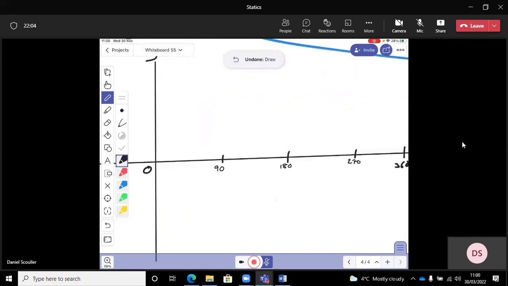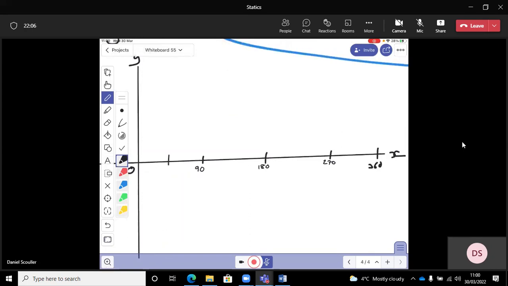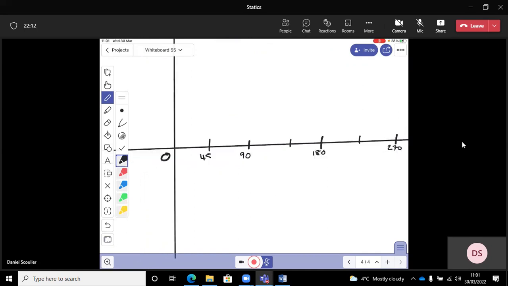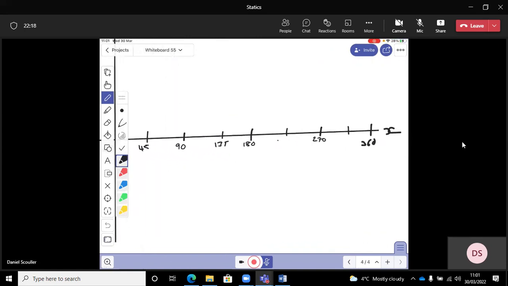So we can go back to our graph and mark on where all the milestones are going to be. There's going to be a milestone at 45, 135, 180, 225, and 315.